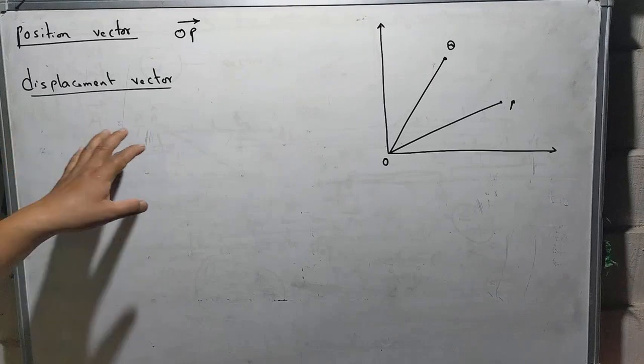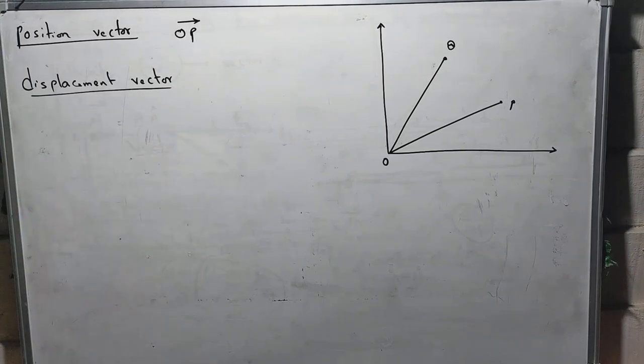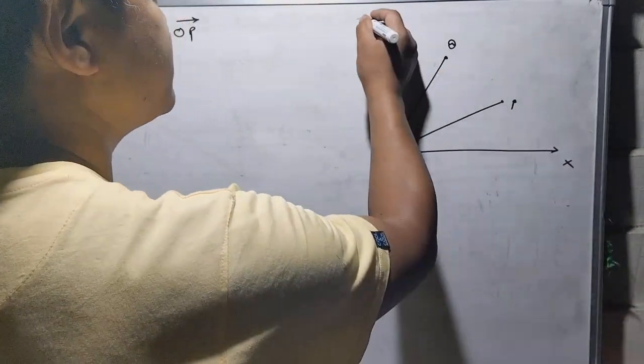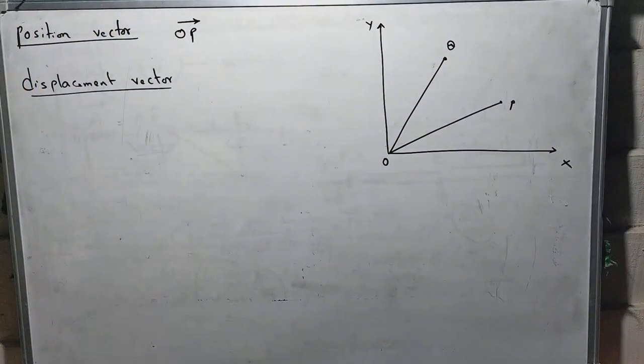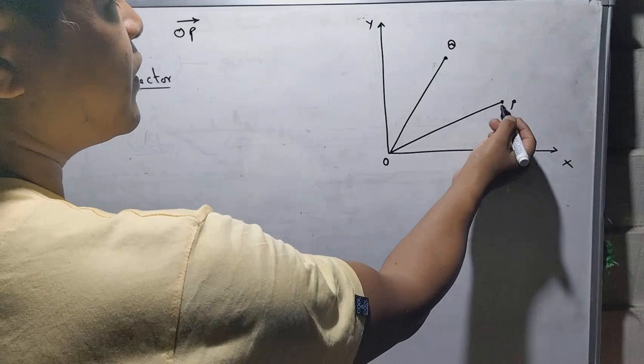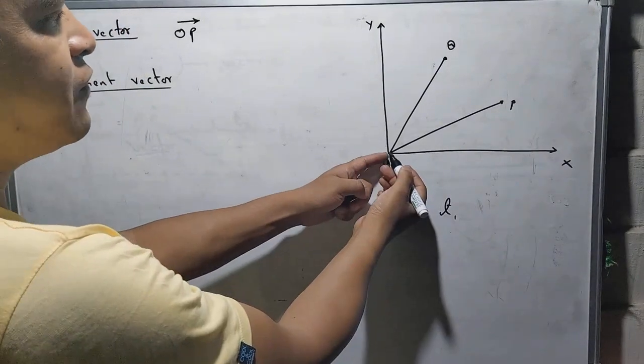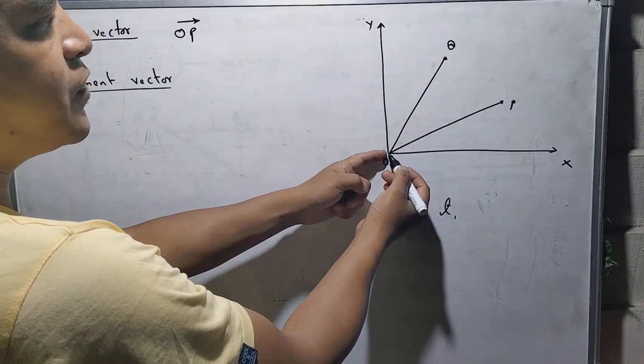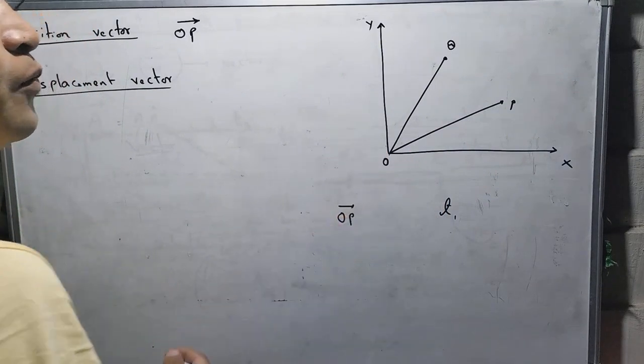Next vector is the displacement vector. We define a displacement vector as a vector which tells how much and in which direction the object has changed its position. Again, we consider the motion of an object in a plane, with two coordinate axes, x and y. Let's say at a time t1, the object is at a point P, and the position vector of this point P with respect to the origin is OP arrow.